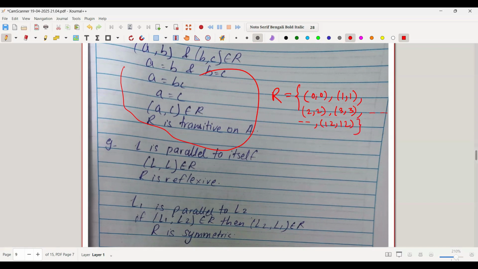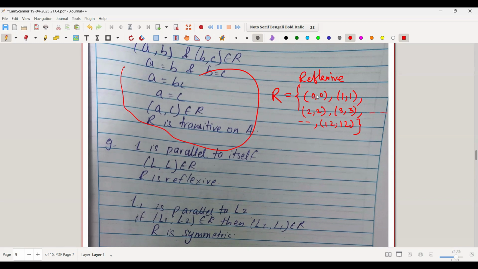This is the reflexive relation. And I have told you that the reflexive relation is the smallest equivalence relation, because it is reflexive, symmetric, and transitive, all three.